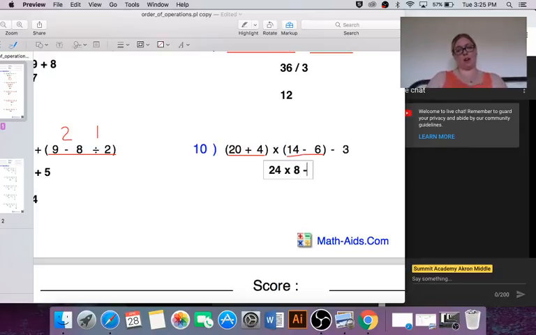And then we bring down our minus 3. Now we have multiplication and subtraction. So the next thing we're going to do is multiplication. So we have 24 times 8. It's 192.